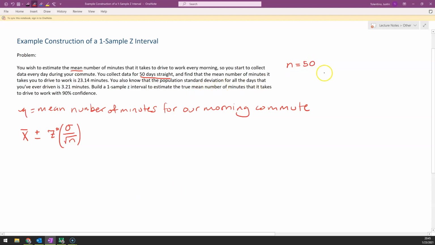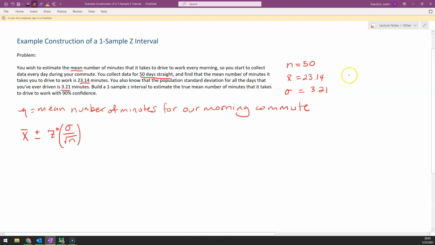And we find from that sample of 50 that it takes 23.14 minutes. So that's our x bar. Then the other piece of information that's given to us is the population standard deviation is 3.21 minutes. So that's what sigma represents.